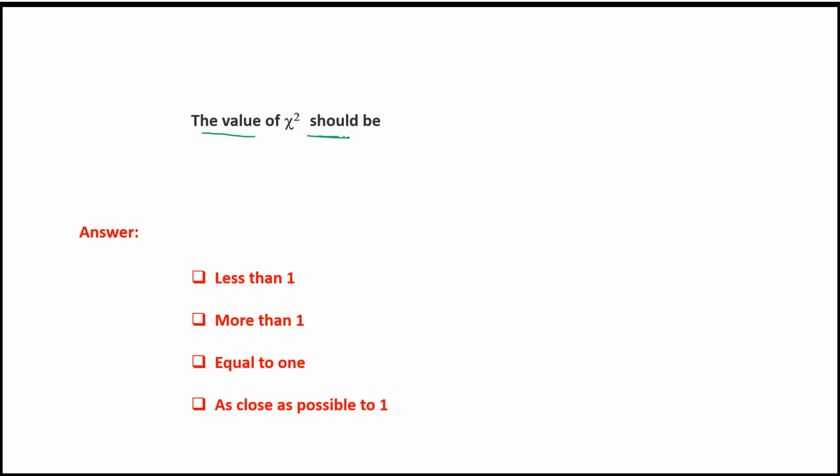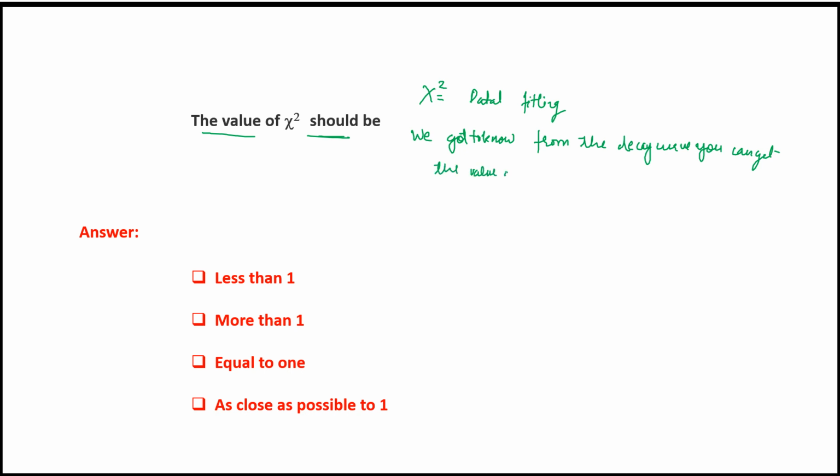What is the chi-square? This chi-square is something which we studied in data fitting. Okay. And in this data fitting, we got to know that from the decay curve, you can get the value of exponents.